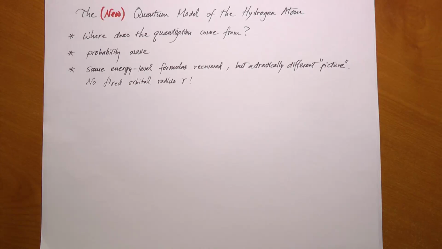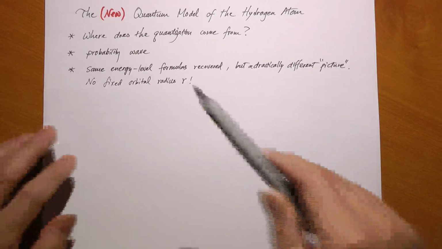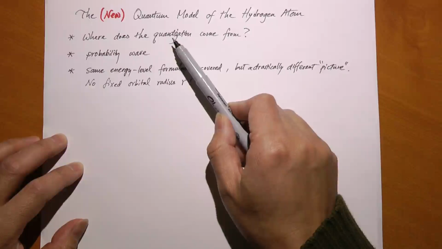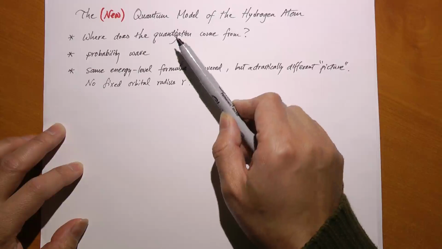The solution to the wave equation will then give us desired results such as the quantization of energy and the angular momentum. And we also have a better picture of how the electron actually behaves in the vicinity of a proton.